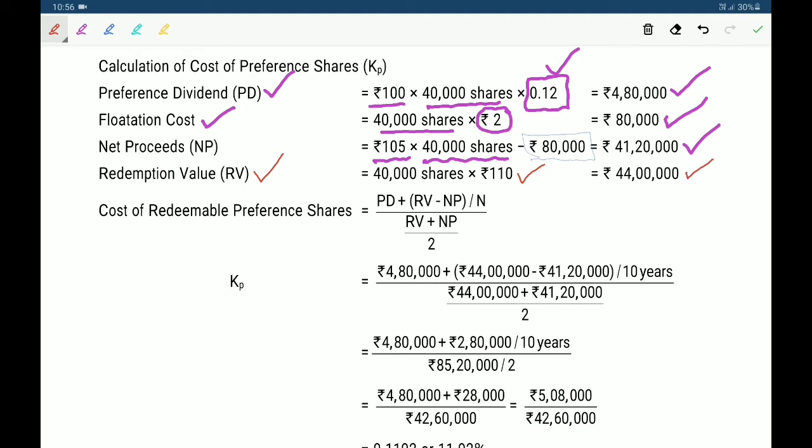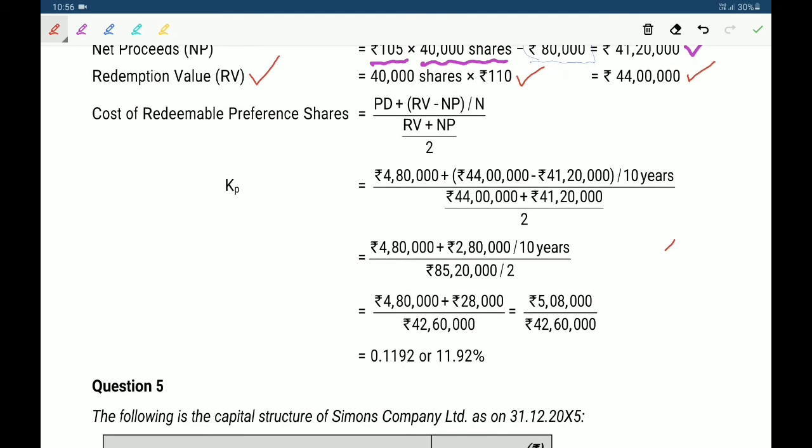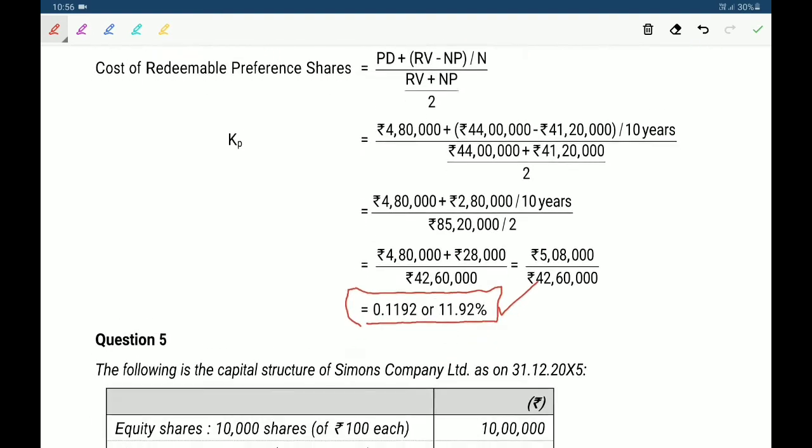The answer is same. Cost of redeemable preference shares, after calculation, this is the answer. 11.92% is the answer. Cost of preference shares.